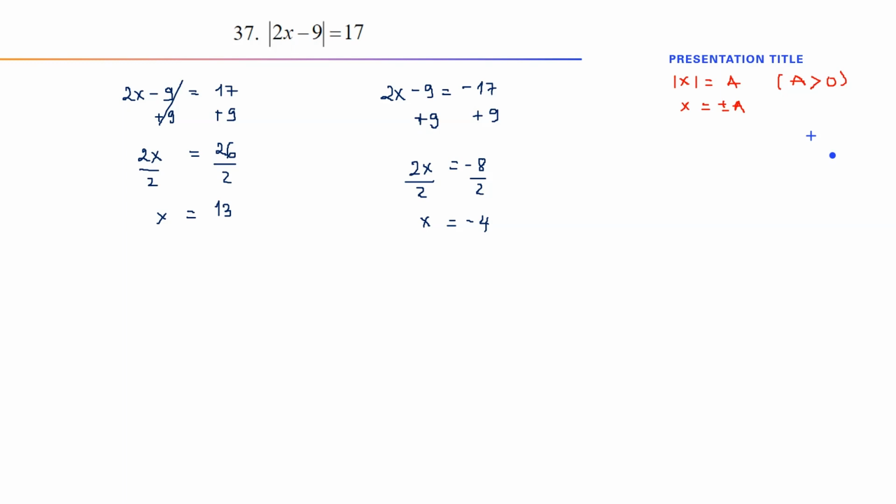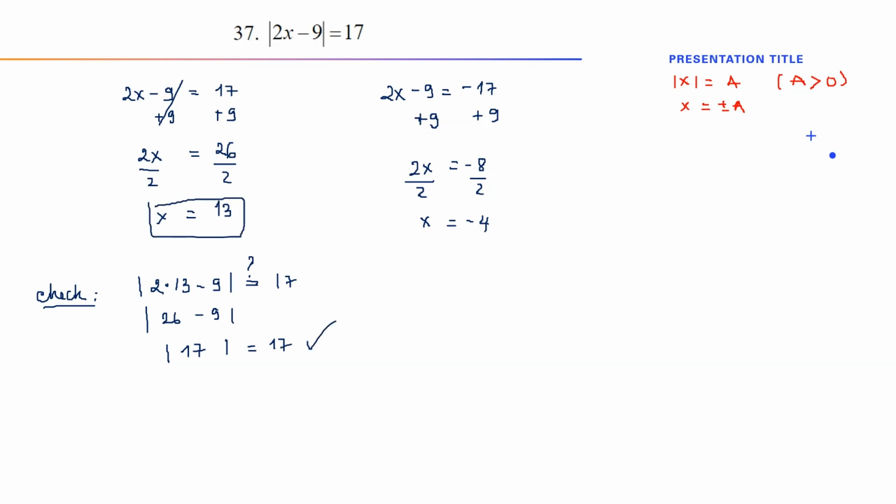And we can check the answers to make sure that we got the right ones. So we ask ourselves, if x equals 13, we have 2 times 13 minus 9 inside the absolute value. Is that equal to 17? We have 26 minus 9, which is 17 inside the absolute value, and of course that equals 17, so that's right.